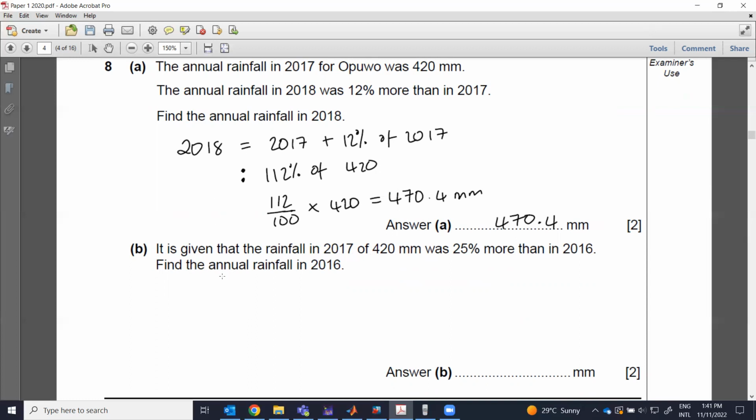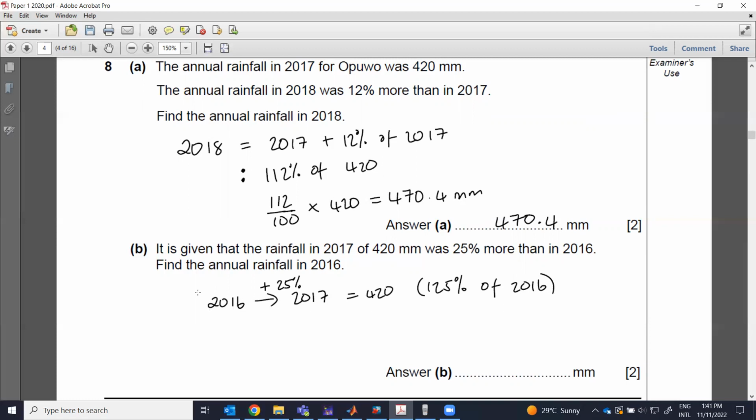Okay, so here we're saying from 2016 to 2017, it went up by 25%, and then it became 420. Okay, so that means that this 420 is 125% of the 2016 rain.